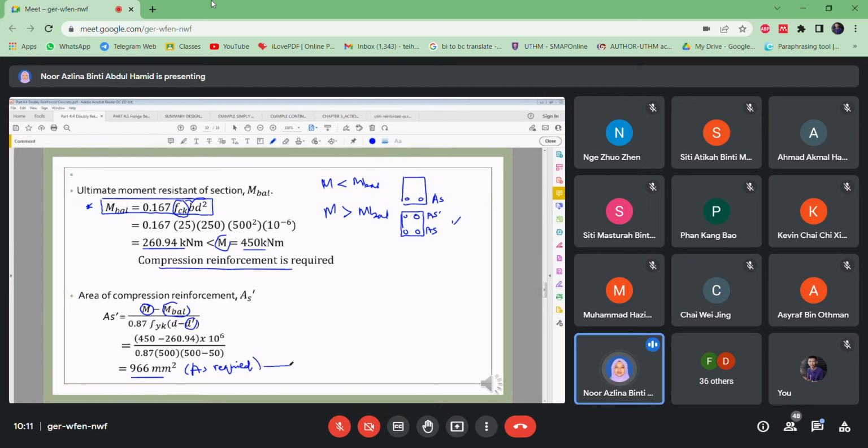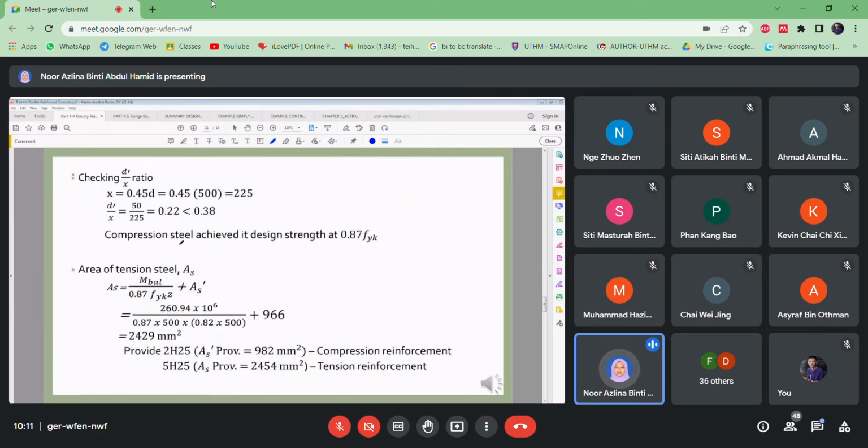Remember, once you provide AS provided, it should be more or equal to AS required. Okay, so you should provide the number of reinforcement and the suitable diameter according to AS required. Okay, from the tables. Table dah tunjuk last week kan.